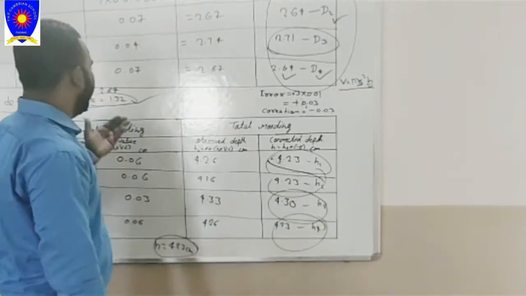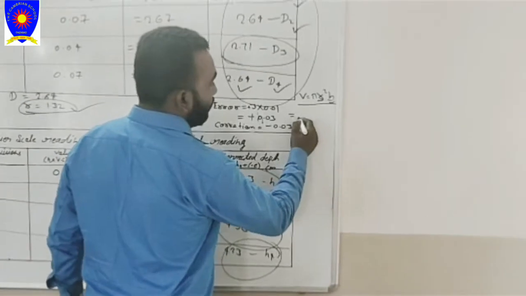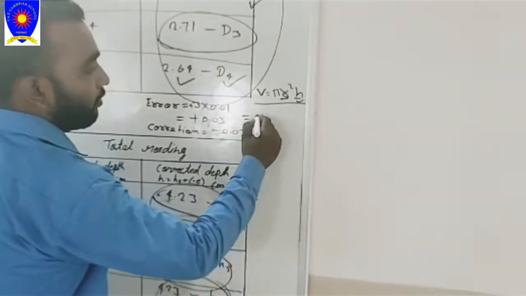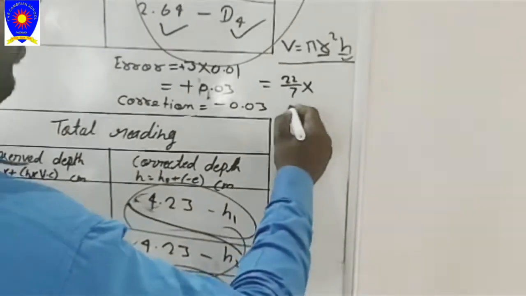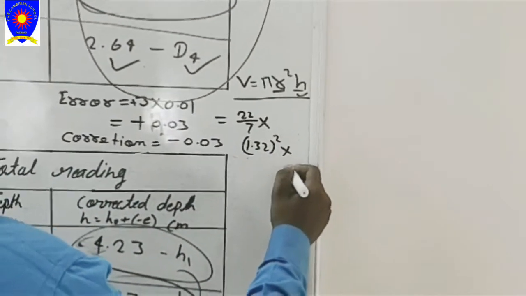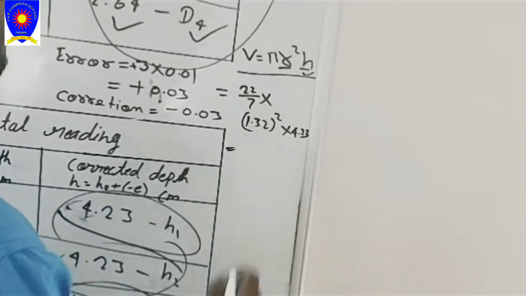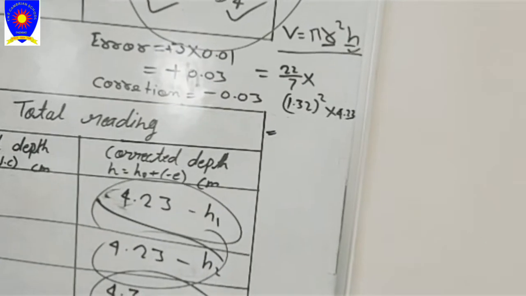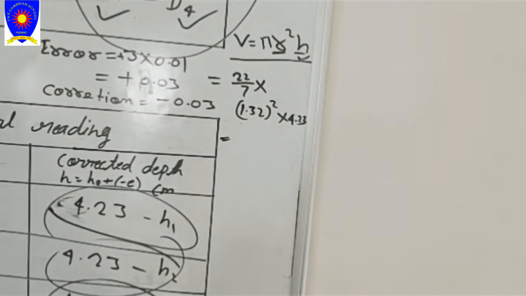Now we have radius and height. So apply here. So you will get V equal to the value of pi is 22/7 and R square is 1.32 square into H is 4.23. So now after solving this you will get the volume of the given body.